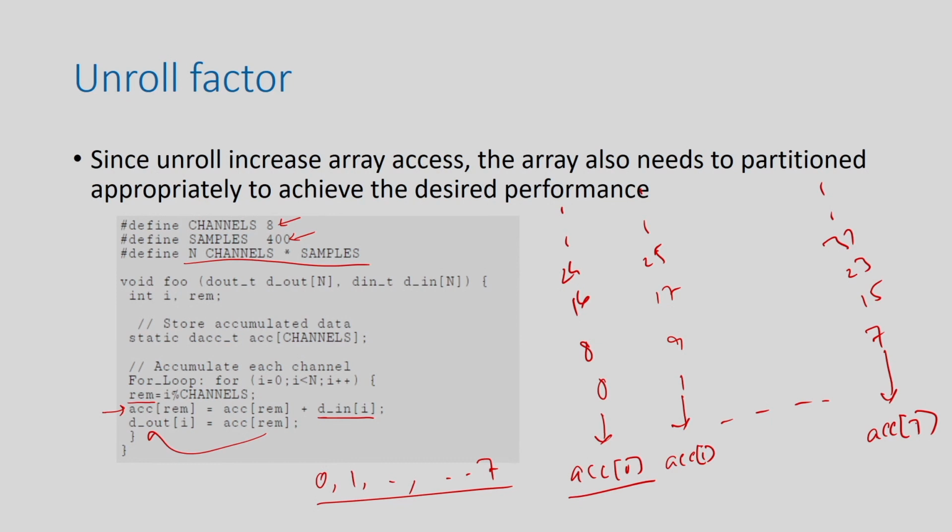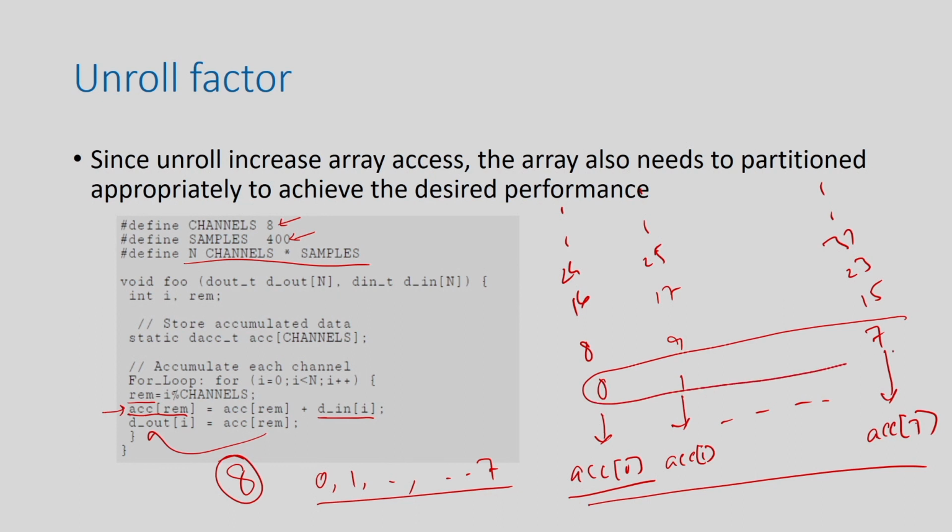Okay. So, you can understand here that there is a good chance, because ACC has 8 channels, that I can actually unroll this loop by an unroll factor of 8, so that I can parallelize this operation. This is my 1 iteration of 1 channel, so basically 1 channel content, then this set of data will go into the same channel.